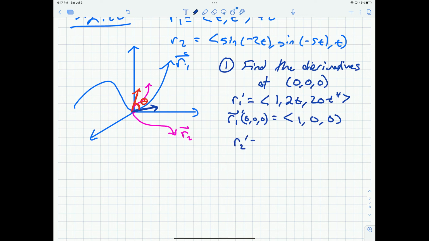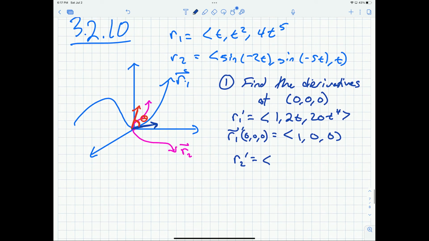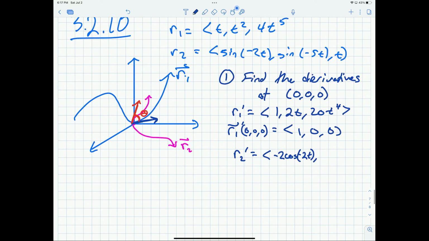R2 prime is, what do we have? -2 cosine -2t, and then -5 cosine -5t, and then 1. And specifically evaluated at 0, 0, 0, we're going to get, well, cosine 0 is 1, so we get -2.